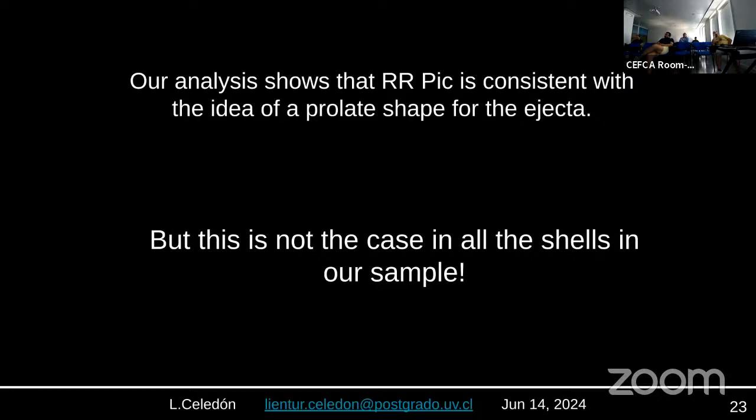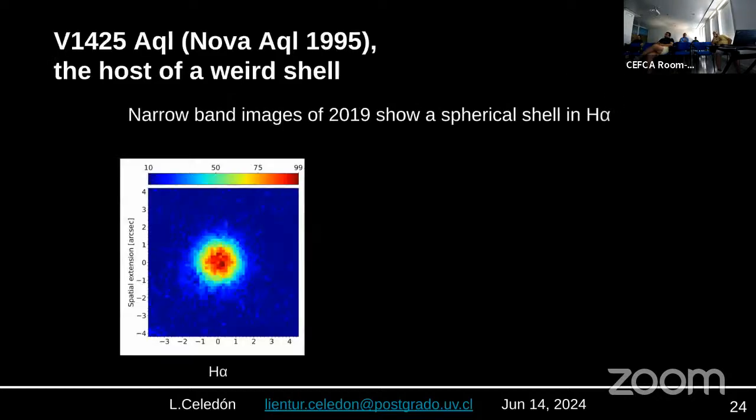But we also have some other shells in the sample that do not behave as we expect, and this is also quite interesting. I would like to present the nova shell around V1405 Aquilae. This is a young nova eruption that occurred in 1995, and it's the host of the weirdest shell that we know at the moment.